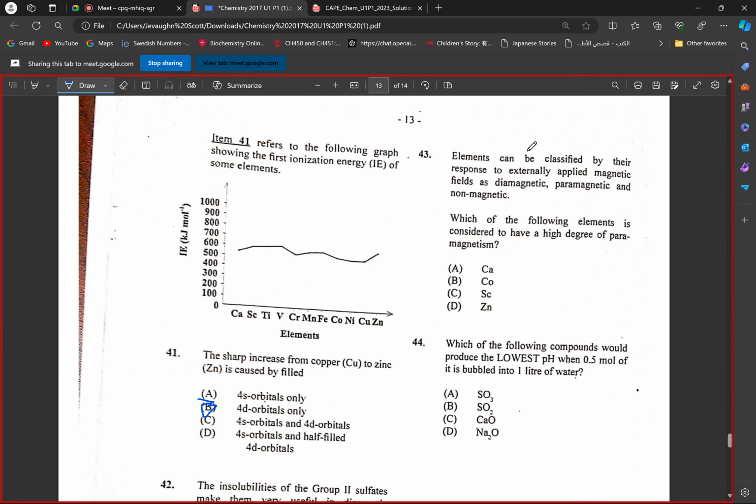Highest degree of paramagnetism. B. B as in boy. Mm-hmm. All right. Sorry, I can't explain why 41 is boy.